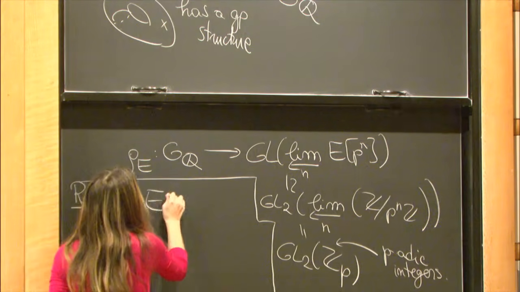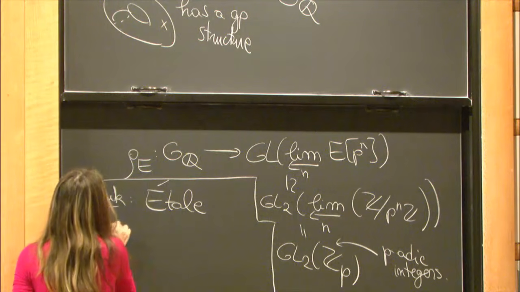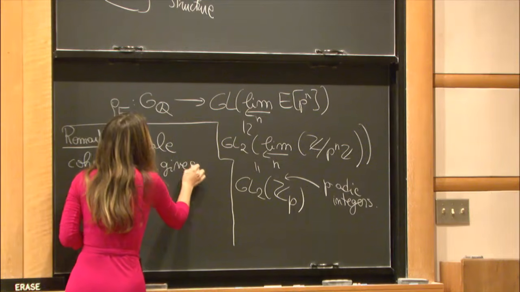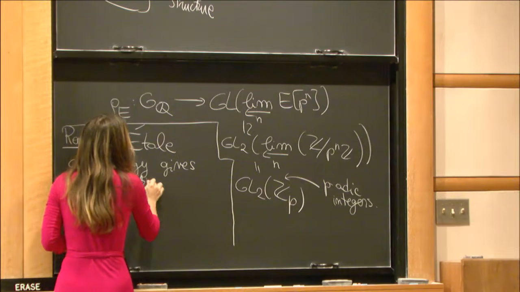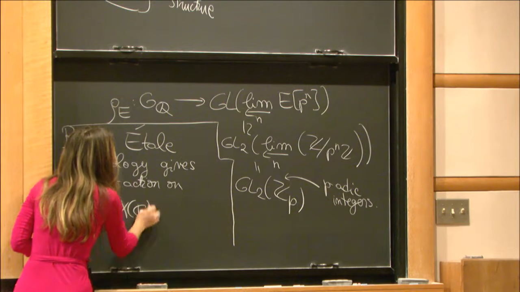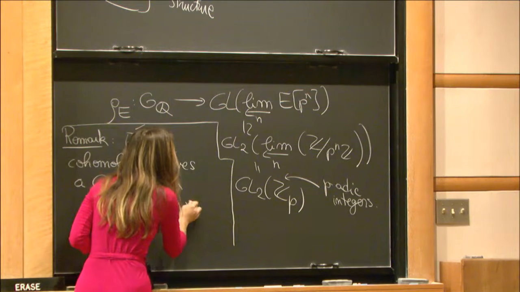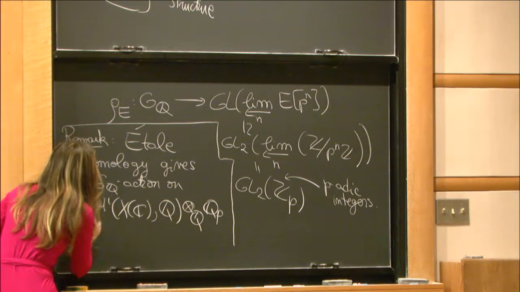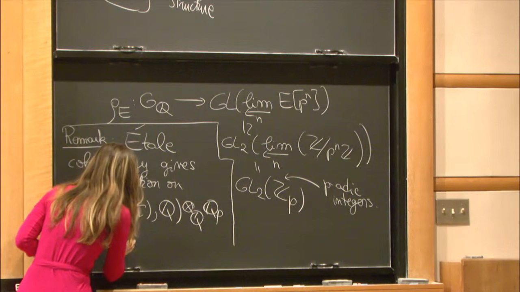So I'll just say that étale cohomology, which was developed by Grothendieck, gives a G_Q action on H^i of the singular or Betti cohomology of an algebraic variety, as long as you extend your coefficients to Q_p, and X is some algebraic variety defined over the field of rational numbers.